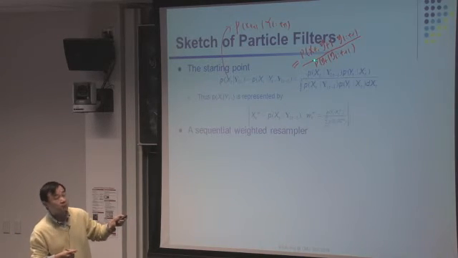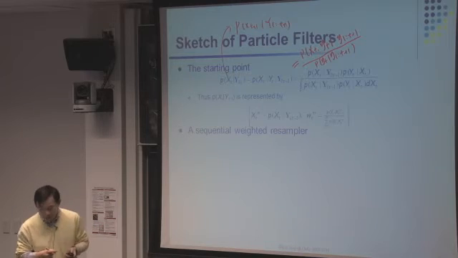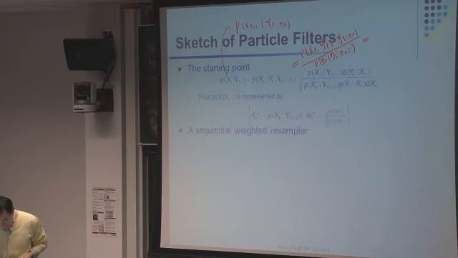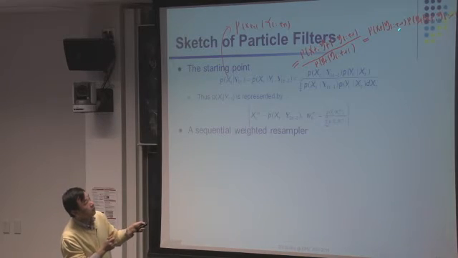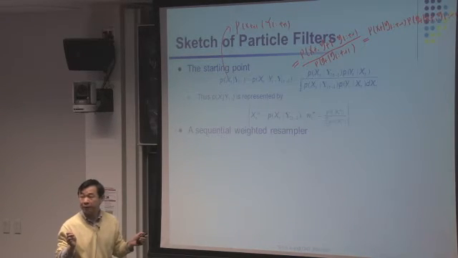I just want to rewrite this one into this. Then this can be further rewritten as p(x_t | y_1 to t-1) times p(y_t | x_t, y_1 to t-1). You see how to go from here to here? Just the chain rule.